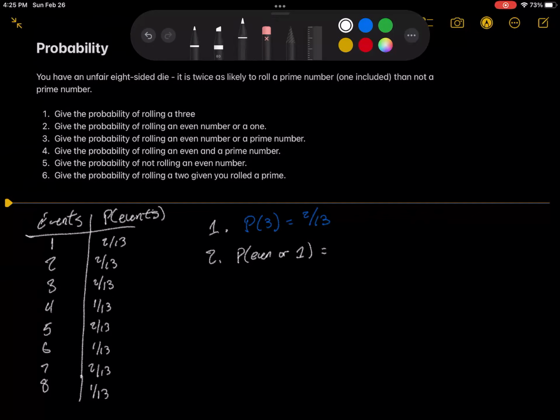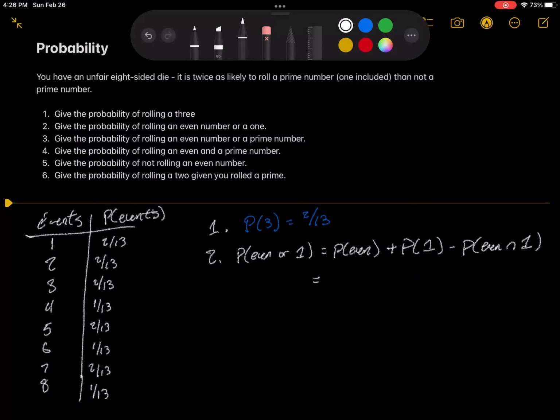So probability of even or a 1. So I could be even, or I could be a 1. Either of these things could happen, and it would satisfy this definition of being even or 1. And now I need to think, is there any overlap between evenness and 1s? Or do I need to subtract off any intersection?